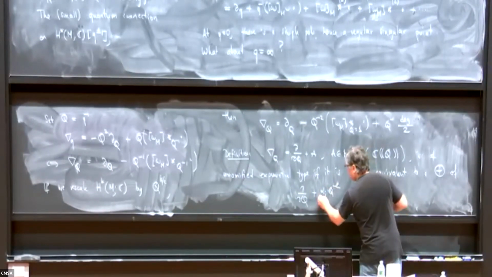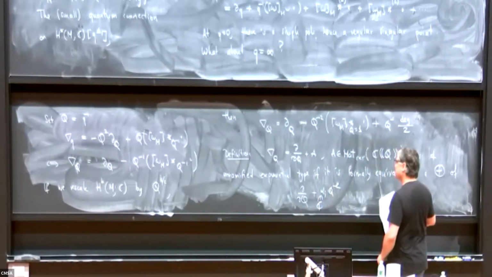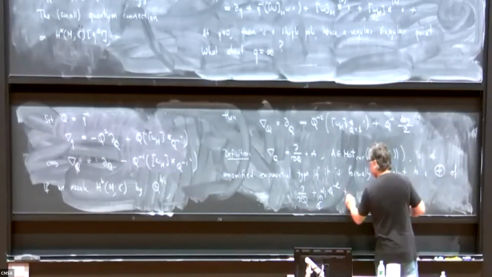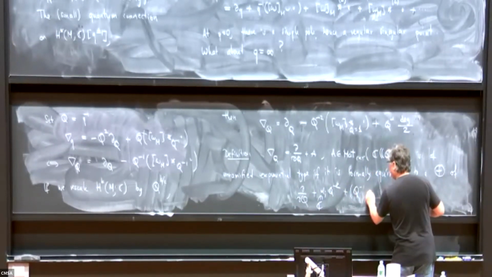So these are just complex numbers. They're just a multiple of the identity matrix. This is the quadratic pole, plus terms of q inverse and higher.